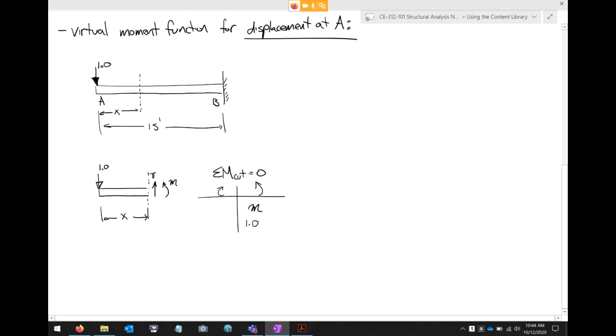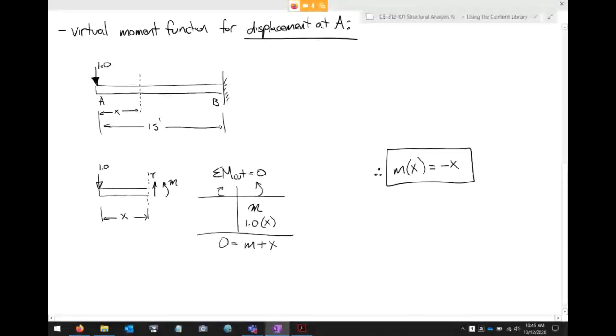So 1.0 times x. In other words, 0 equals m plus x, or m of x is minus x. All right, is everybody with me so far?